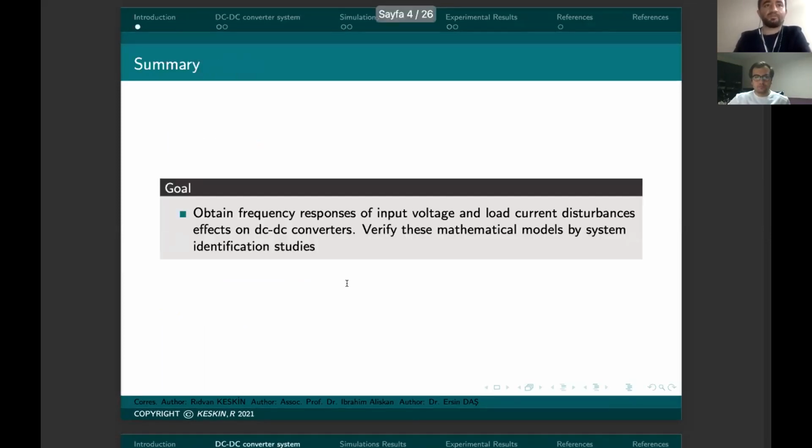Introduction section. Our main goal is to obtain the frequency responses of the input voltage and load current disturbances in the two-leg interleaved boost converter. To increase the performance of any linear controllers to be synthesized, we will learn about the frequency range of these disturbances.